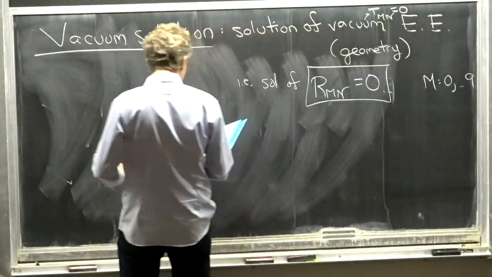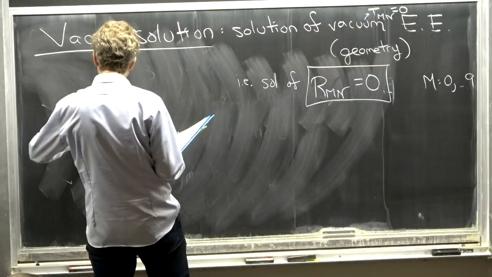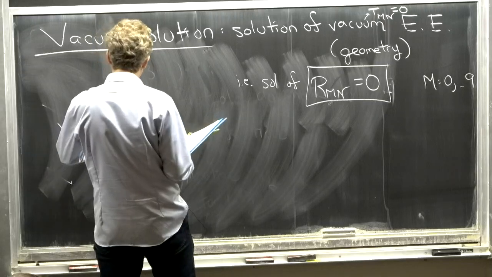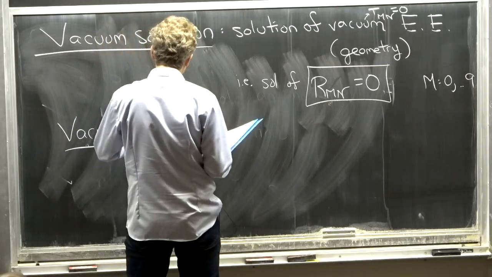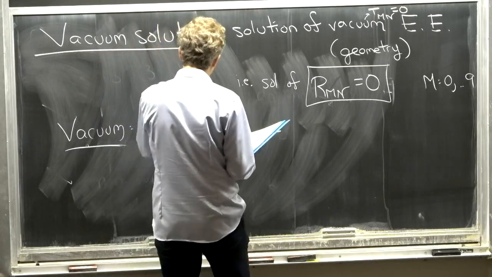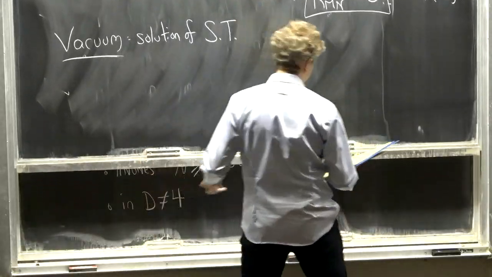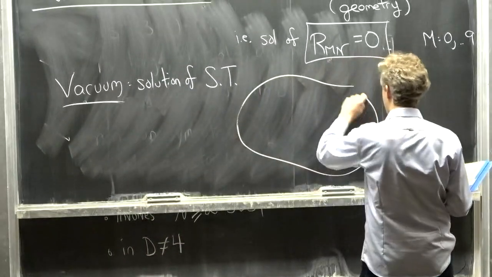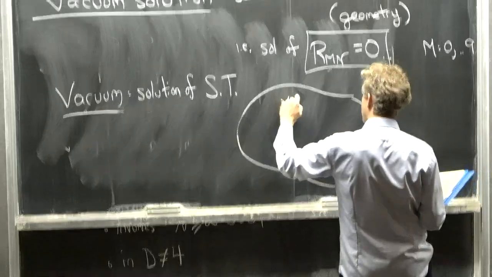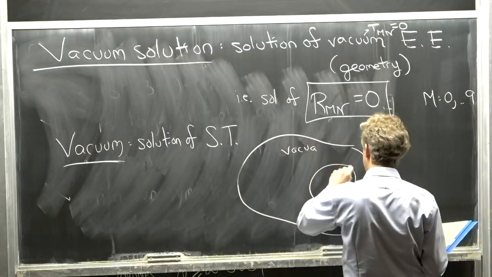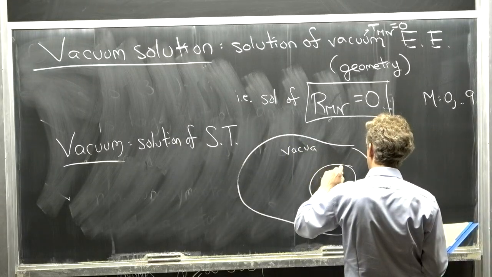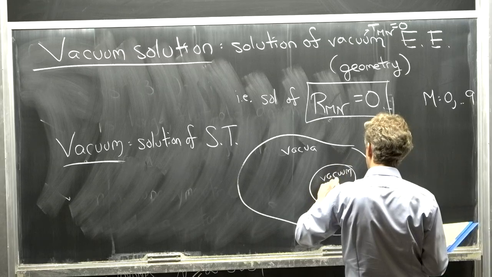Now, a vacuum is a different thing. By a vacuum, I mean a solution of string theory. And so we have a Venn diagram where we have vacua, amongst which are a special subset, vacuum solutions.